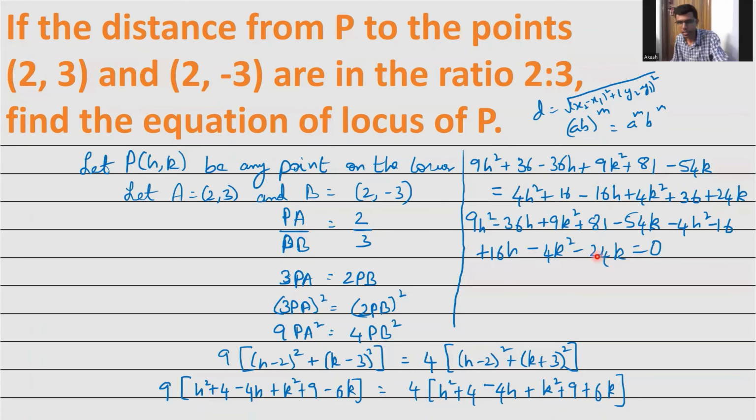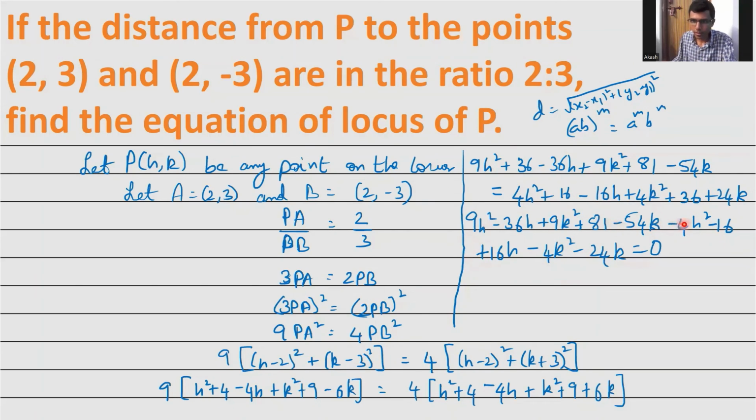I know it's a bit clumsy, but I wanted things to be on one page. Now, did I do it right? Let me just check. Okay, minus 4h square and minus 16 plus 16h minus 4k square, and 36 got cancelled, and minus 24. Okay, and done.